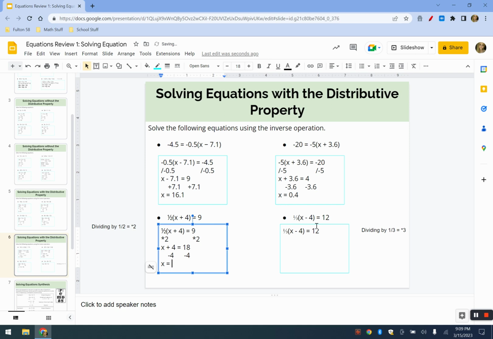And I get x equals 14. And very last problem, multiply both sides by 3. I'm left with x minus 4 equals 36. Last step. Opposite of subtracting is adding, so add 4 to both sides, and I get x equals 40.